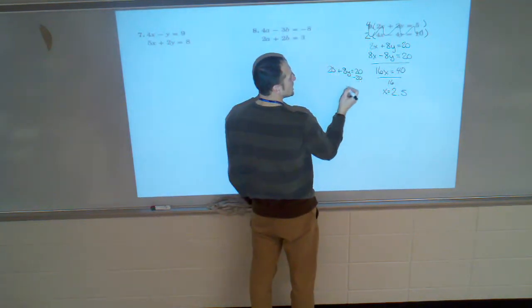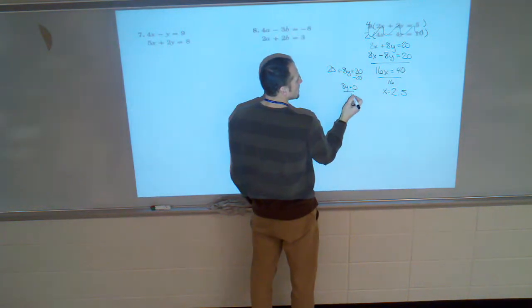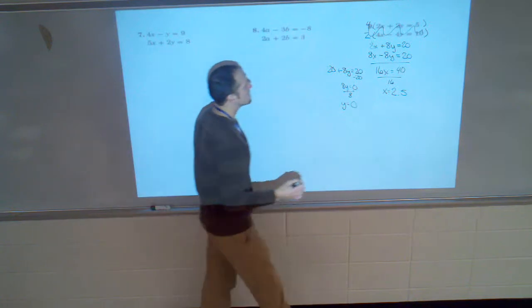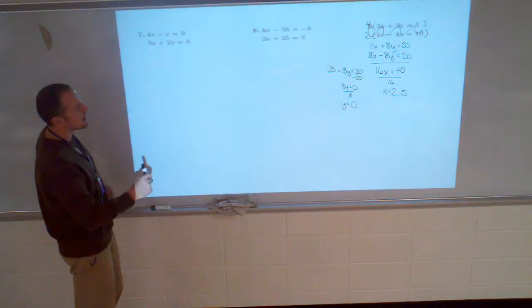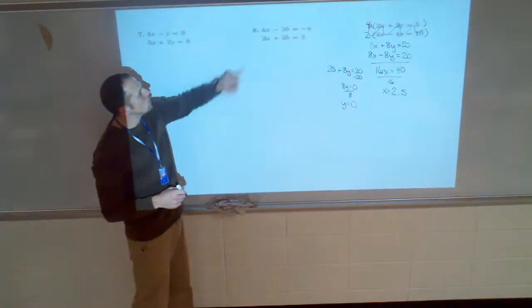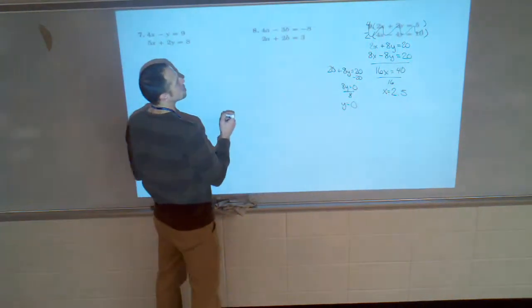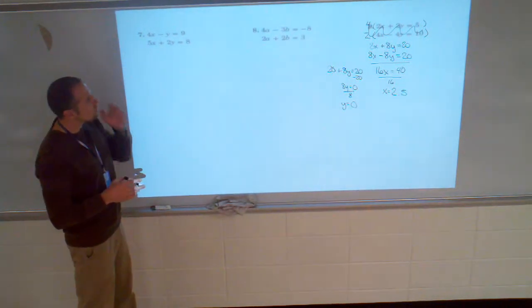Subtract 20. 8y equals 0. Divide by 8. Y equals 0. So your answer is 2.5, 0. Do number 8. Again, there is a shorter way.